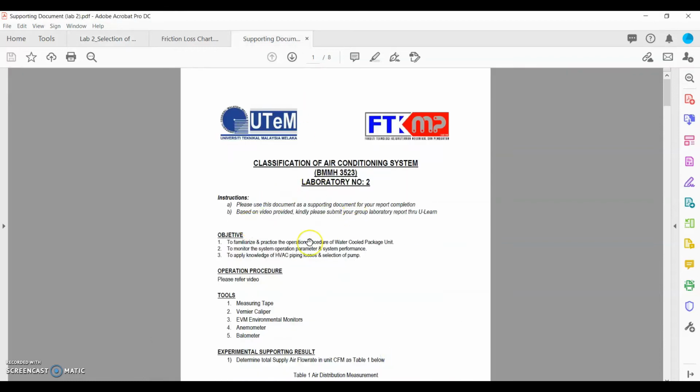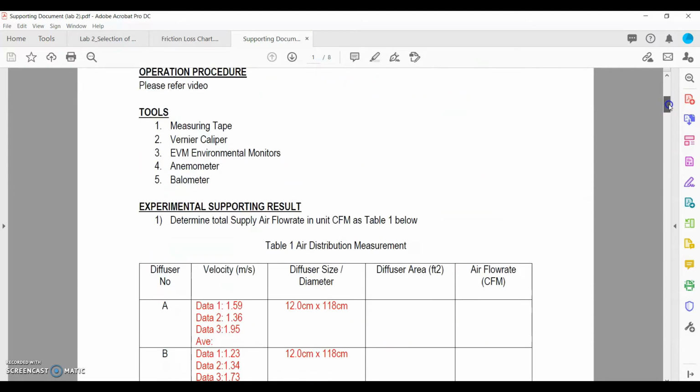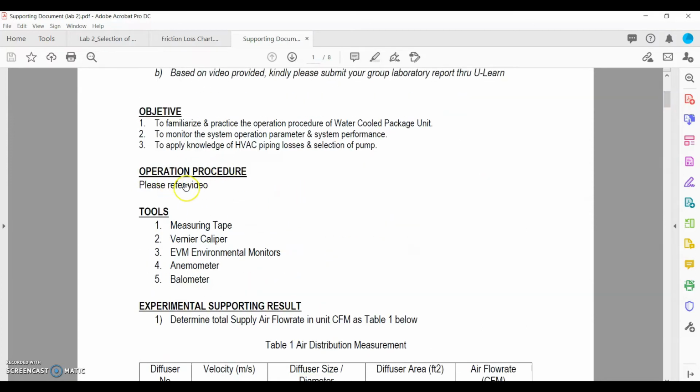From your supporting documents, please refer to your objective. For your operation procedure, how you run the system and how you do data collection, just refer to the video that I posted in Ulearn.